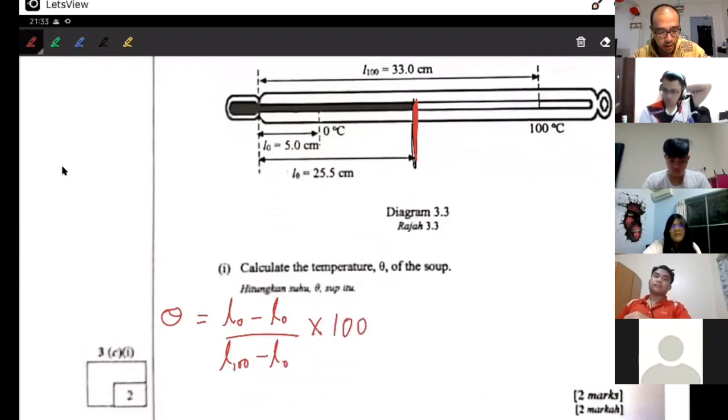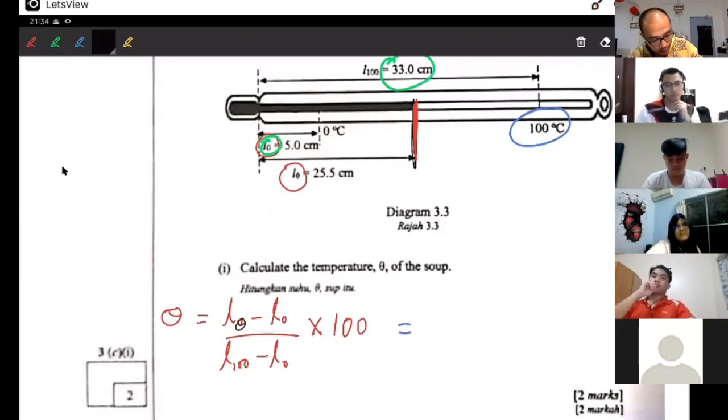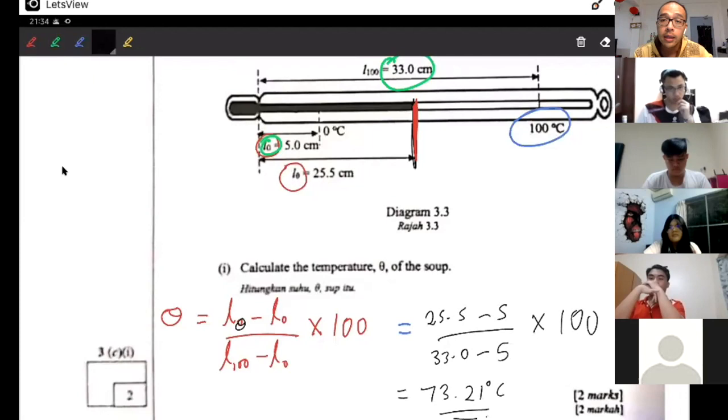So is this one minus this one, and then over this one minus this one, times 100. So what you will get is L theta is 25.5 minus 5 over 33.0 minus 5 times 100. So the answer will be about 73.21 degrees Celsius.